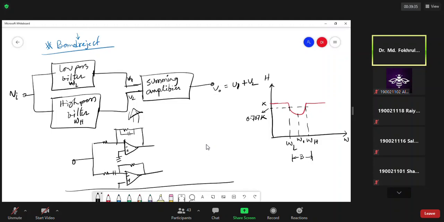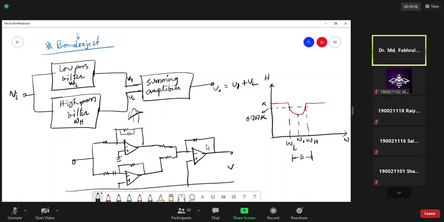Through these two, you put this in the inverting summing amplifier.